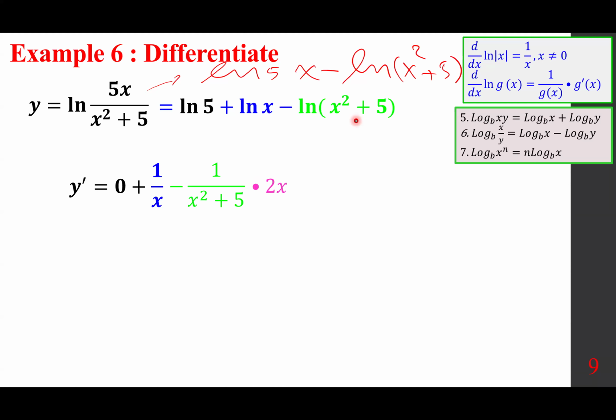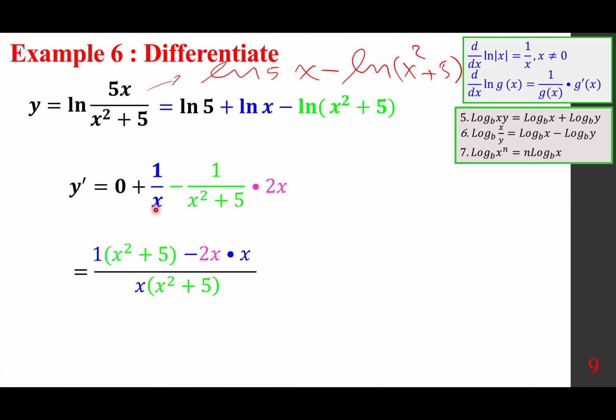So the next step is to use algebra and find the LCD, x times x squared plus 5. This is 1 times x squared plus 5, and this one is minus 2x times x.